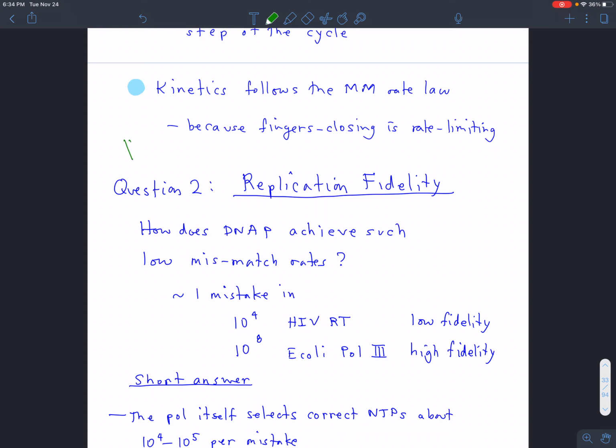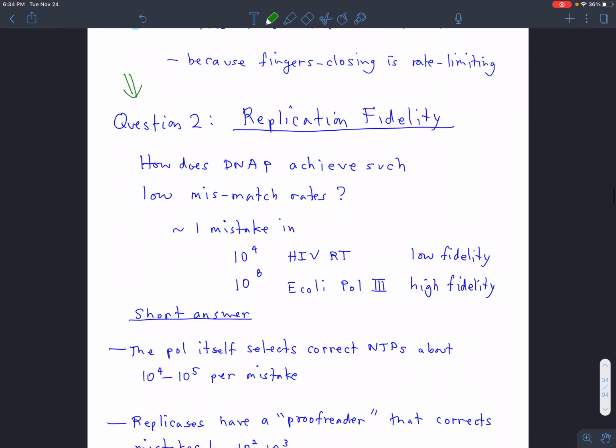Now we're going to go to question number 2, which is the question of how the polymerase makes so few mistakes, even for a really lousy polymerase, a low fidelity polymerase like the HIV reverse transcriptase. It only makes a mistake about once in 10,000 bases, and that's necessary.